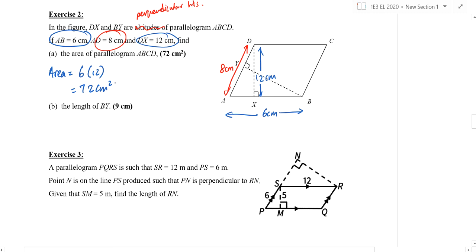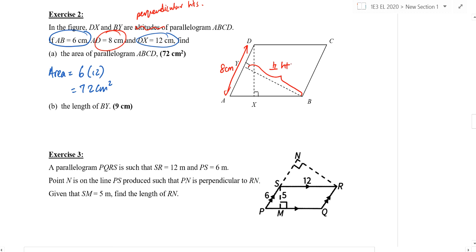Now that we have the area of 72 square centimeters, we can proceed with part B, which is to find the length of BY. What is so special about the length BY? This is actually the perpendicular height, where AD is the base.